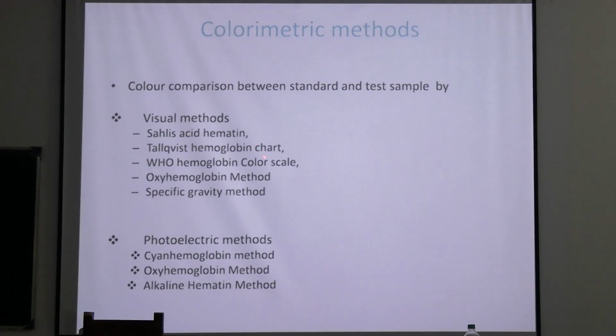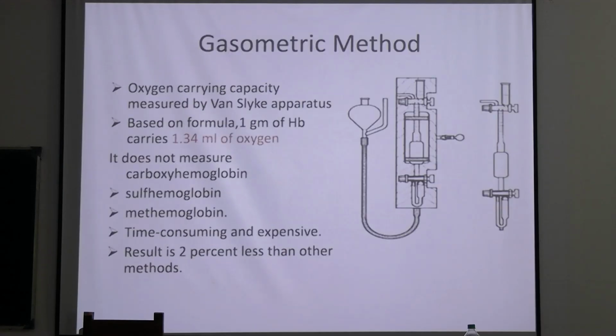Then there is a Tallqvist chart, WHO color scale, oxyhemoglobin, specific gravity method. There are photoelectric methods, cyanmethemoglobin method, oxyhemoglobin method, alkaline hematin method. Gasometric method, this is totally obsolete, this is no longer used.